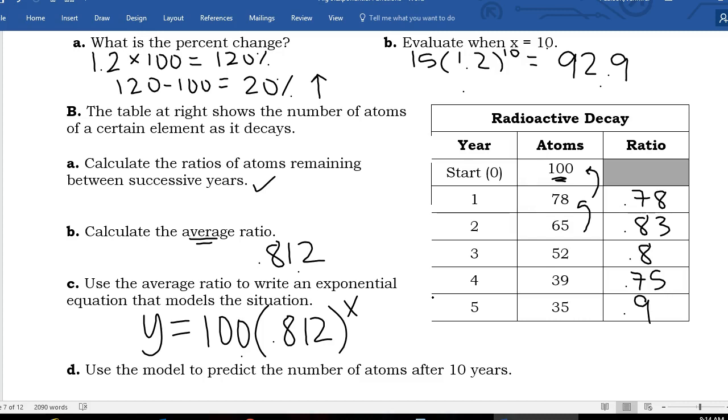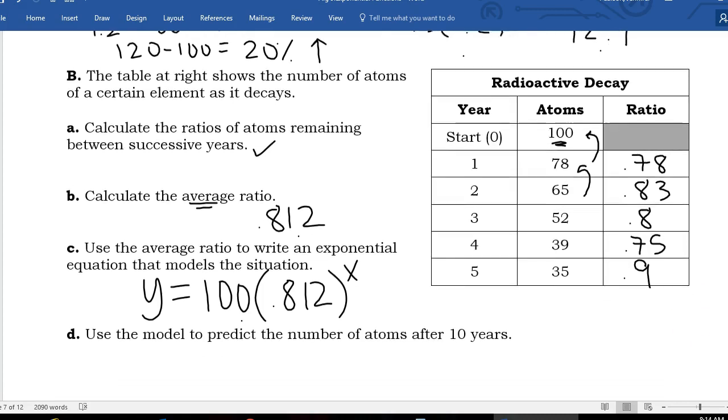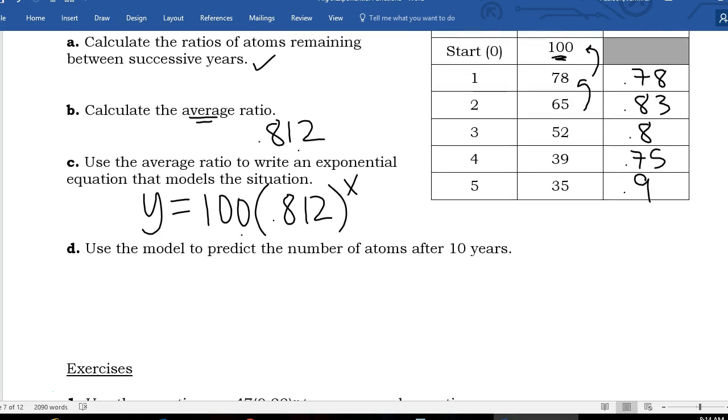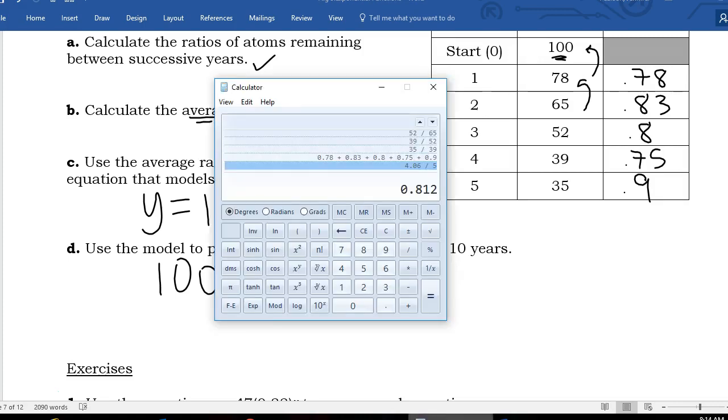Letter D, use the model to predict the number of atoms after 10 years. Very similar to example A, part B. We're going to substitute 10 in for the power of that equation. 100 times 0.812 raised to the power of 10, and that is 12.5.